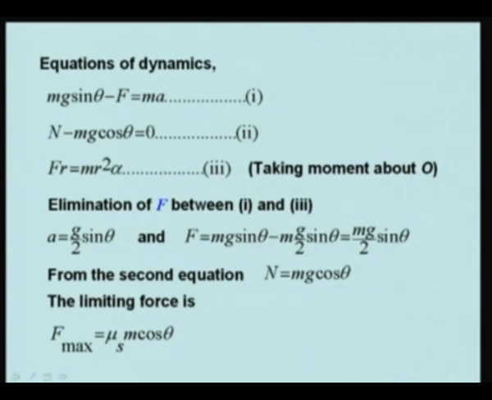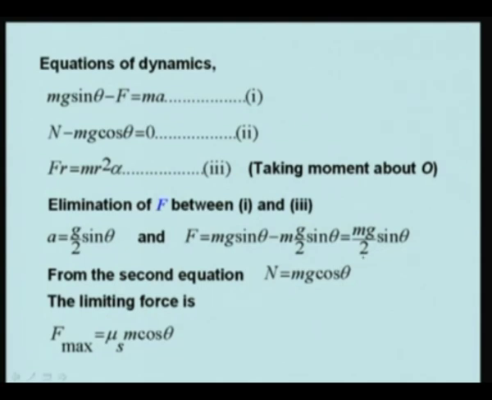Eliminating F, we put this, and F will be equal to mg sin theta minus m g by 2 sin theta, that means mg by 2 sin theta. Of course N is equal to mg cos theta, that thing we are not using right now. Now from the second equation we get N is equal to mg cos theta.